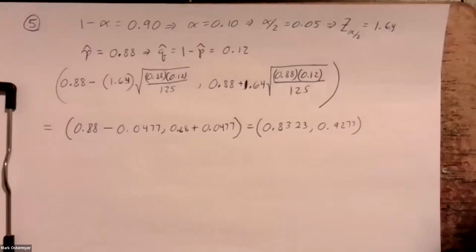I have a question. Yeah. Why do we use 0.88 and not 0.85 for P? Because I thought it was 85% of students preferred cash. Well, we go back to problem number 5 and just read this thing here.